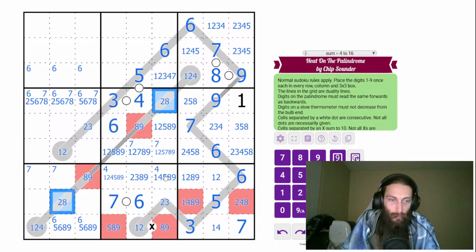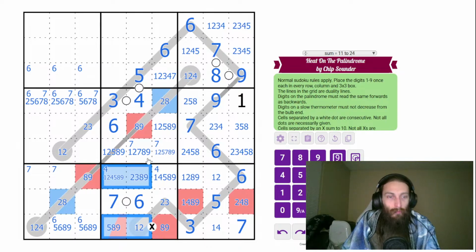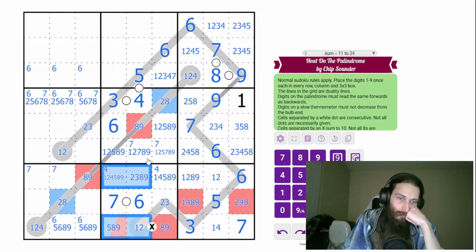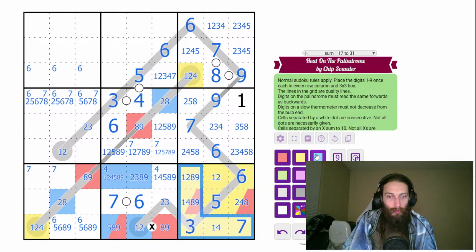Okay, these 2 are blue. Where's blue in this box? Not here, not there. Okay, and yellow. Yellow in this box. Pulled out of these.